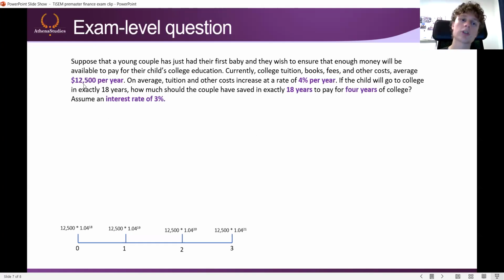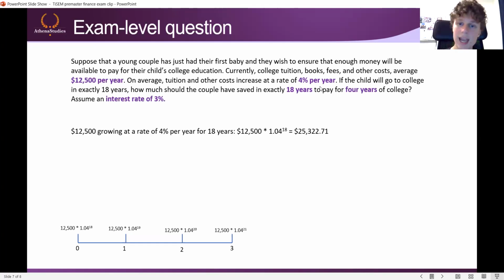If we have $12,500 and the average costs increase by 4% per year, and 18 years have passed, that gives us all of the information to fill in our little compounding formula. Namely, C times (1 plus R) to the power of n.